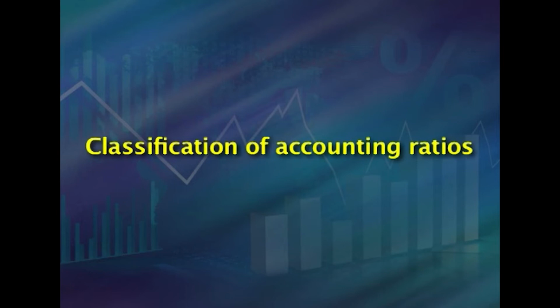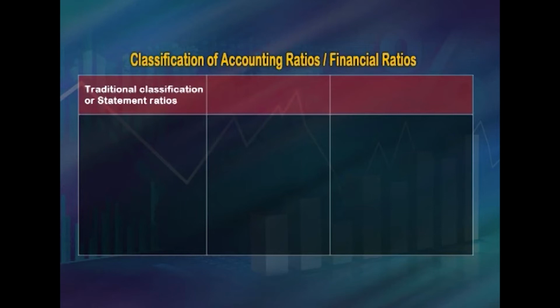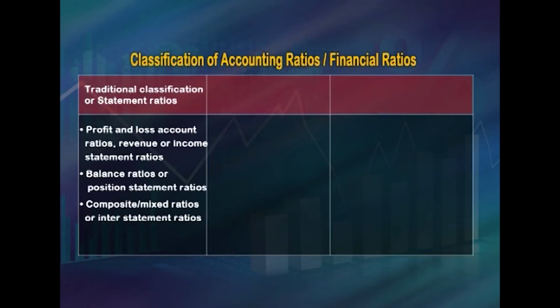Coming to the classification of accounting ratios, ratios may be classified in a number of ways to suit any particular purpose. First is the traditional classification or statement ratios: profit and loss account ratios, revenue or income statement ratios, balance sheet ratios or position statement ratios, and composite or mixed ratios or interstatement ratios.